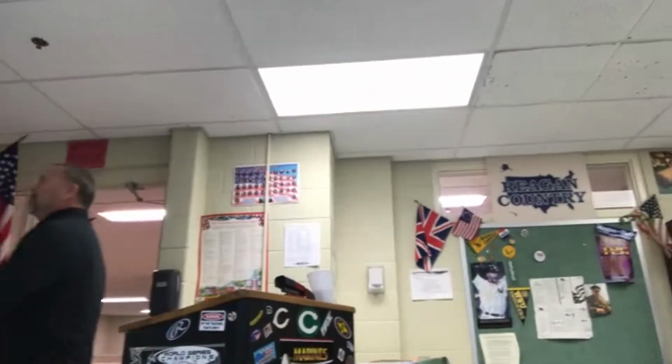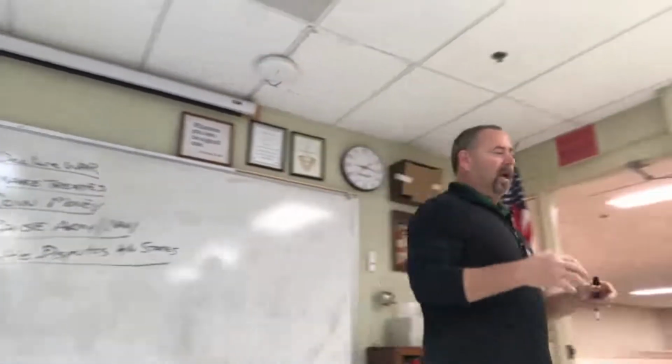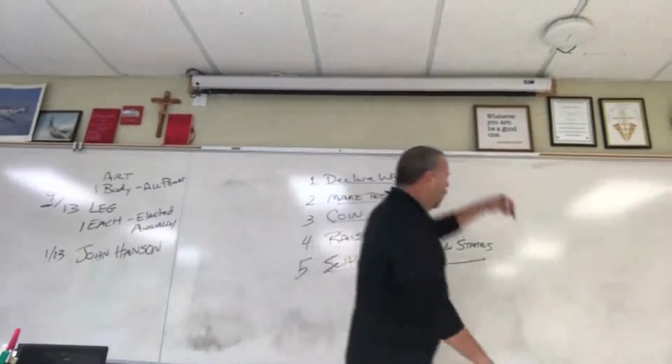Okay, now, so we've got fights, right? So we look at the weaknesses of this, okay? And you start right here, guys. There's no executive branch. Okay, let's go over here. Weaknesses.